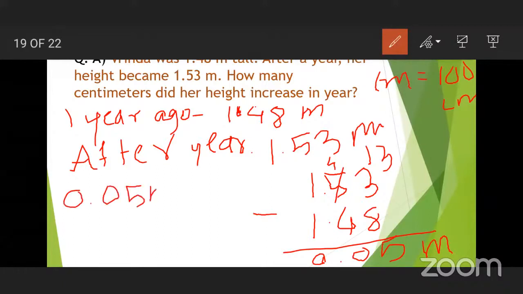The increased height is 0.05 meter. So how will we convert it into centimeter? 0.05 meter means 0 meter 5 centimeter, or 5 centimeter.